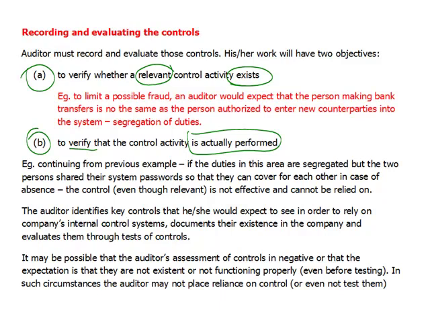It only exists if it is properly performed. And that is why the tests are there. You could probably determine the existence of controls by inquiry or by review of documentation, by review of procedures, but that's not enough. Then you have to test them to check whether the activity is actually performed.